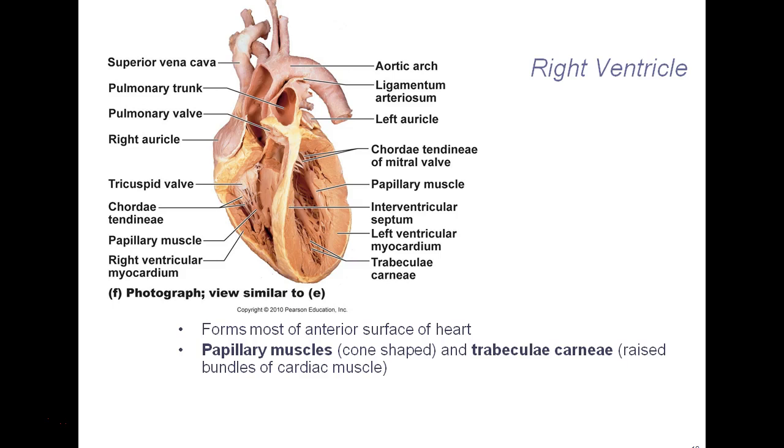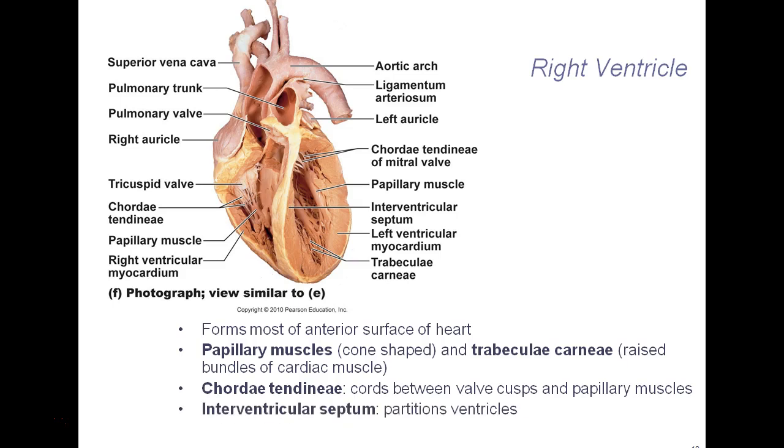If we look closely, we see that anchored down to these papillary muscles are chordae tendineae. These are structures that latch on to the papillary muscles, and these papillary muscles can pull those strings tightly and make sure that there's no flapping around of those delicate valves, those atrioventricular valves.